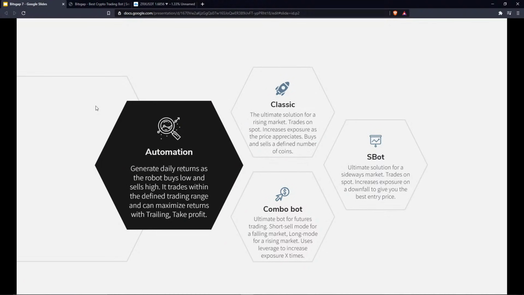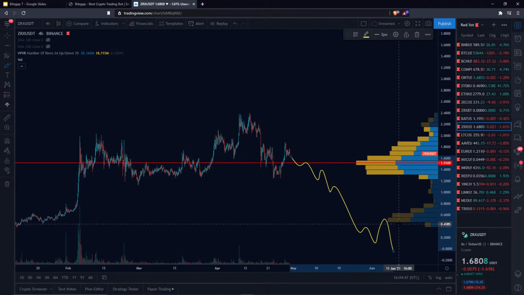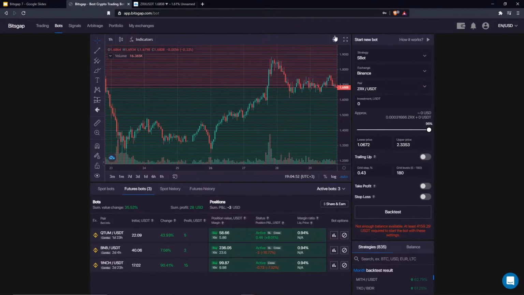All right, and the Combobot, which is the ultimate bot for futures trading. Not only can you trade on the rising market with a leverage that substantially increases your market exposure and as a result multiplies your returns, but you can also trade if you feel like the market is falling and it will continue the downfall, then you can launch the combo short strategy.